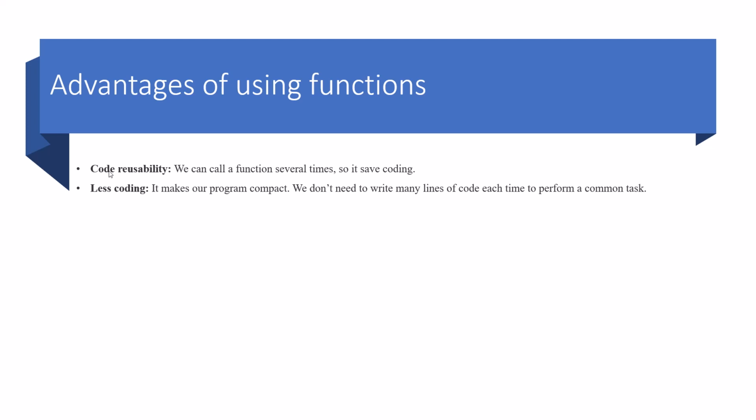So it saves time, and we can reuse the same code again and again. The next is less coding. If you use the same function in different places in our program, it makes the program compact. We don't need to write many lines of code each time to perform a common task. So these are the advantages of using functions.